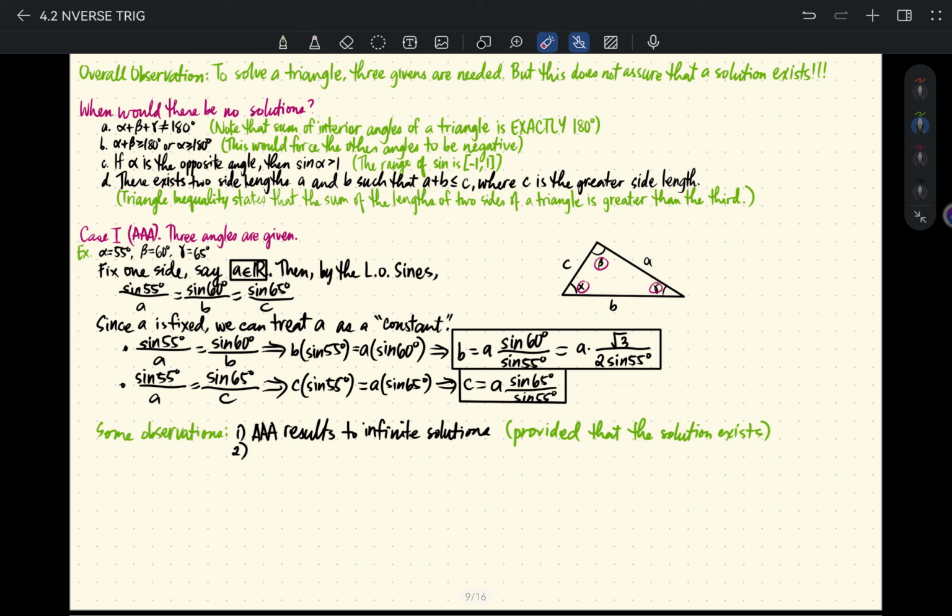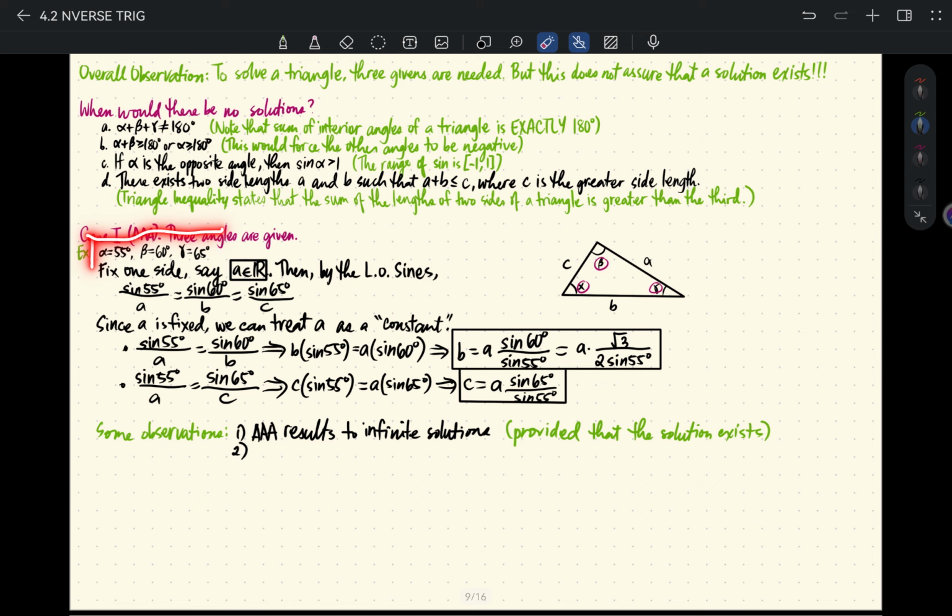As you can see, the one that really matters here is the configuration of your angles, because as long as your angles are properly configured, you can fix a side and you can find the two other sides given the side that you fixed.